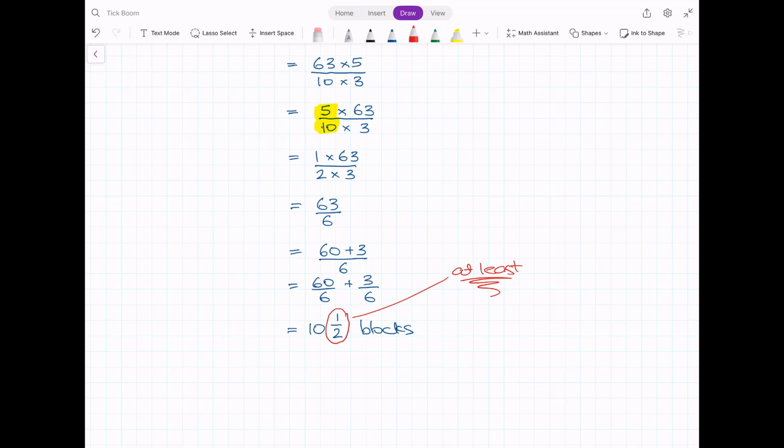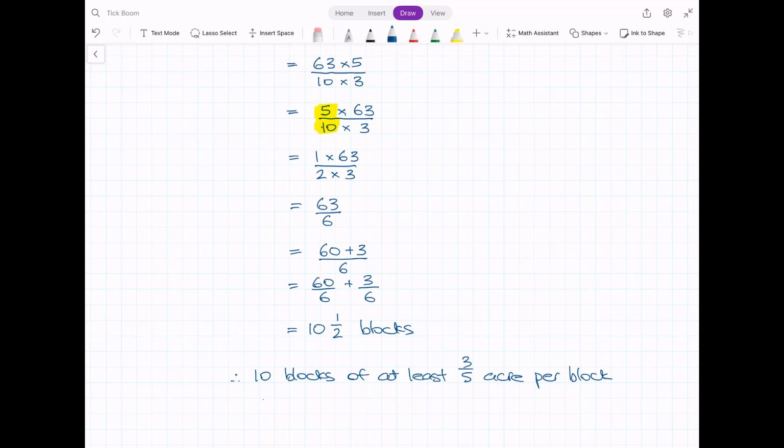But what this really means is those words "at least" mean that instead of the answer being 10.5 blocks, the actual conclusion we draw is we say, therefore, 10 blocks of at least 3/5 of an acre per block can be sold.